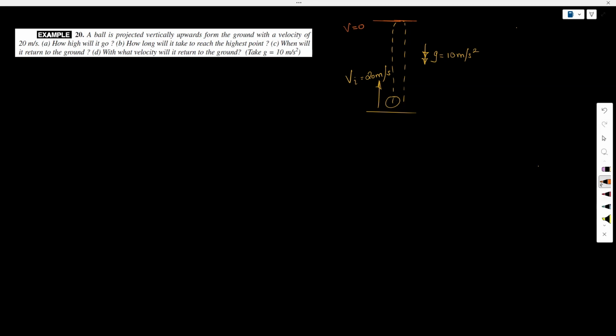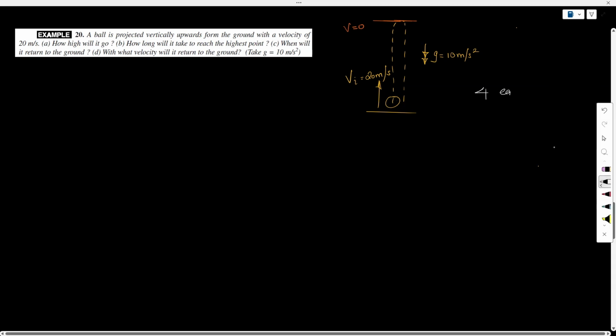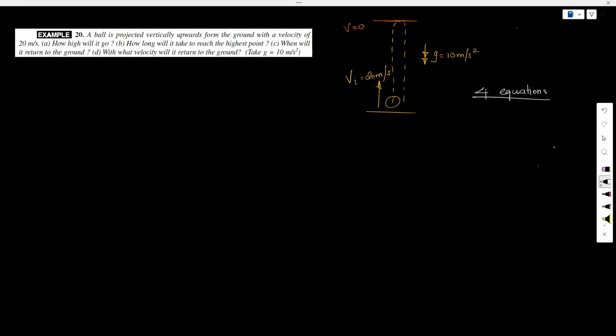In kinematics, we have looked at 4 basic equations, right? To revise those equations, the first equation is final velocity is given by the initial velocity plus the change in velocity, which is calculated by acceleration times time.